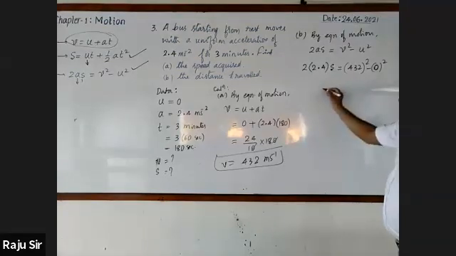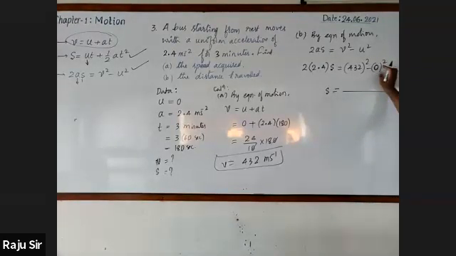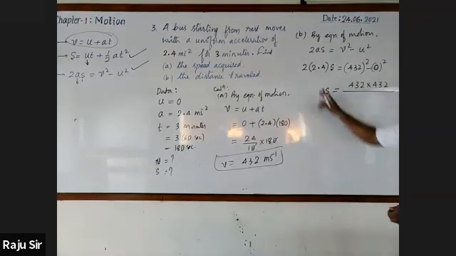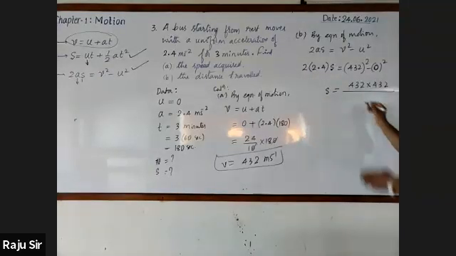Then it is to be written as s is equal to, just look at the word, 0 whole square is 0. Any number minus 0 is the same number itself. Hence, I'll write 432 square as it is. 432 into 432. Transpose 2 into 2.4 to the denominator.